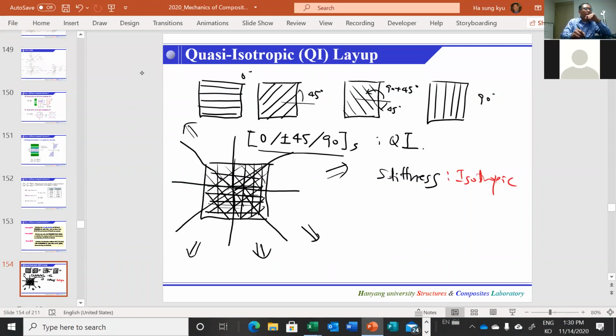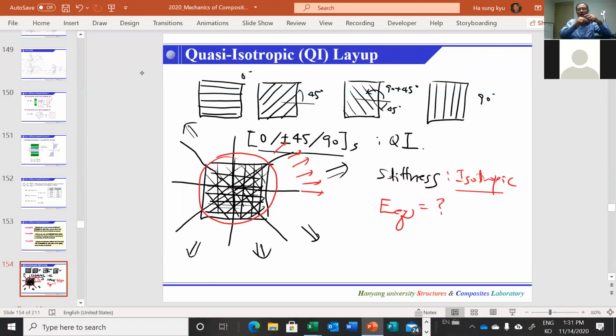Say you apply the load in this direction or that direction, every direction, the stiffness is all the same. So there is an equivalent stiffness. What is that? Let's try to calculate that one. But importantly, stiffness-wise, it's isotropic.